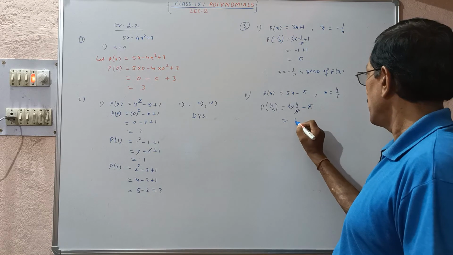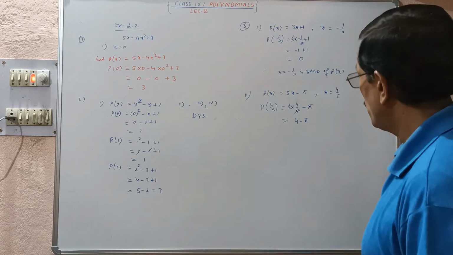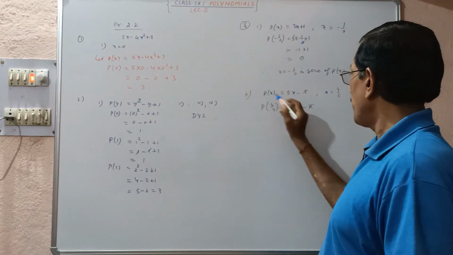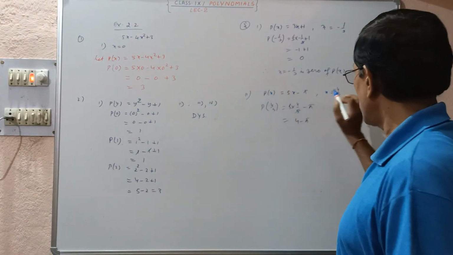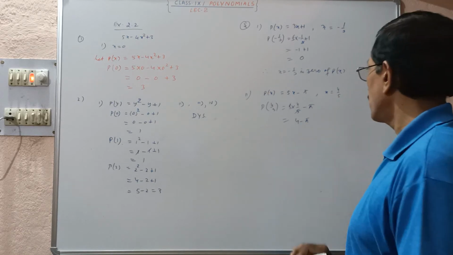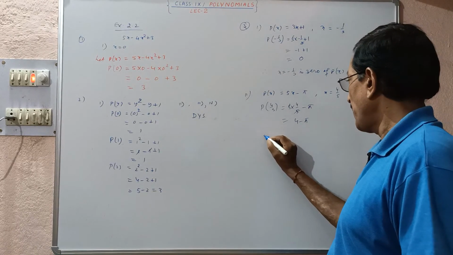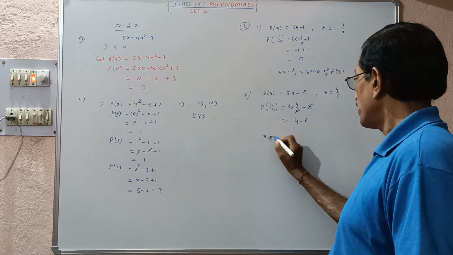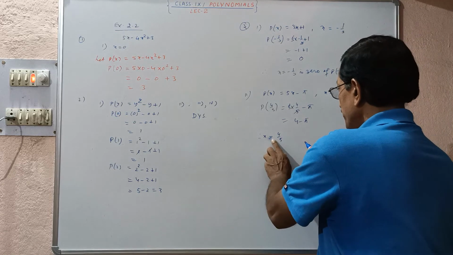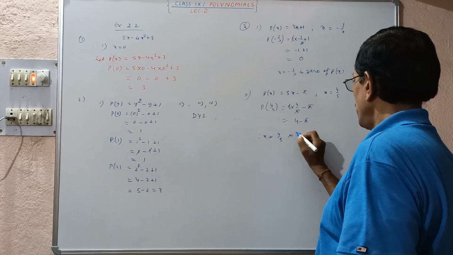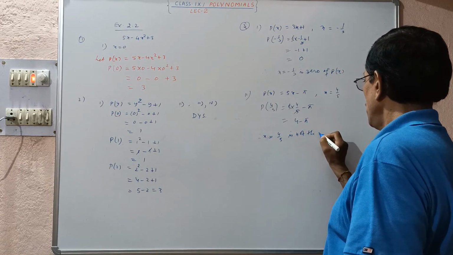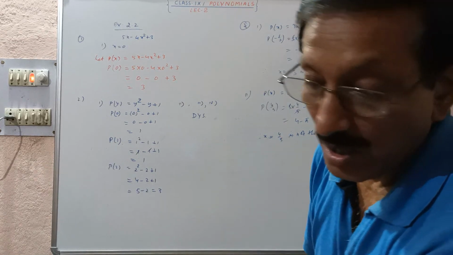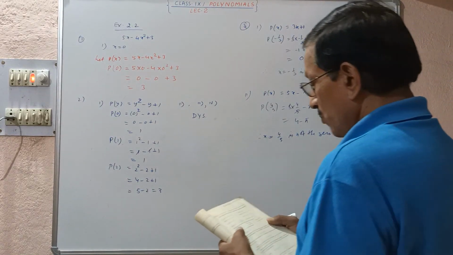That means the 5 cancels, leaving 4 − π. It is not 0. When we put the value of π, it will not be 0. So the value of p(x) at x = 4/5 is not 0. Therefore x = 4/5 is not a zero of p(x). The remaining questions you will do yourself.